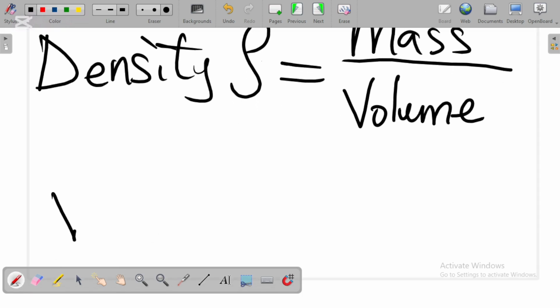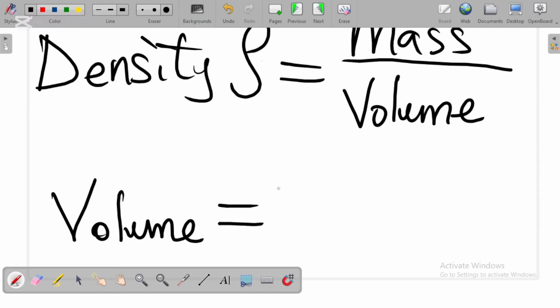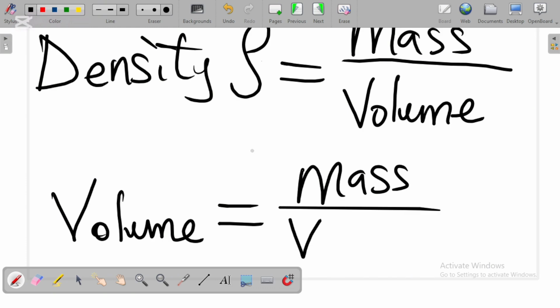And then if you make volume the subject of the formula here, volume will be equal to mass divided by density.